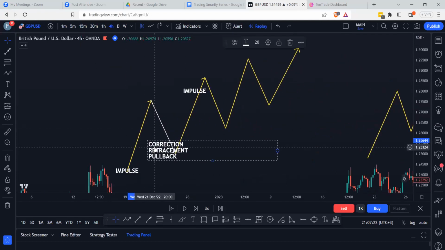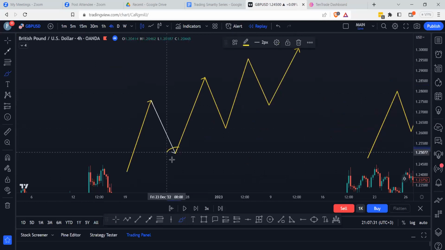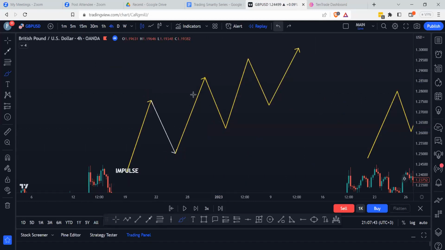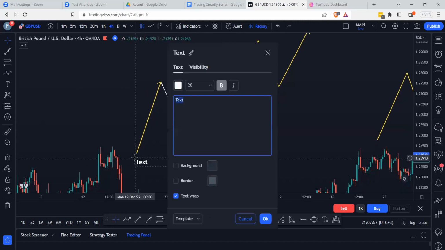Now, in an uptrend like so, let's focus on this turning point here. All of these turning points. These are turning points in the market. They count for something. They are structural areas in the market. So in an uptrend, we have something called, over here, this is higher low, HL.